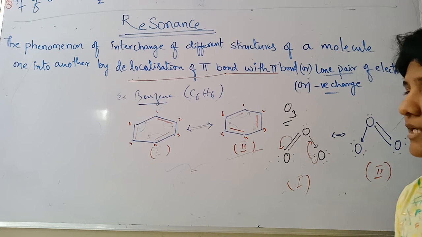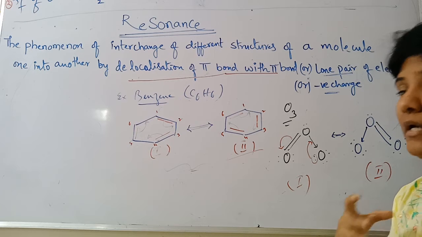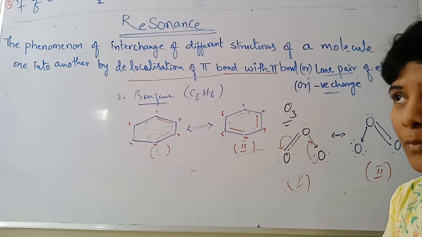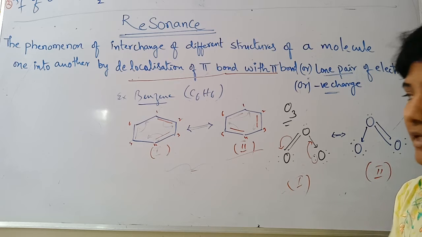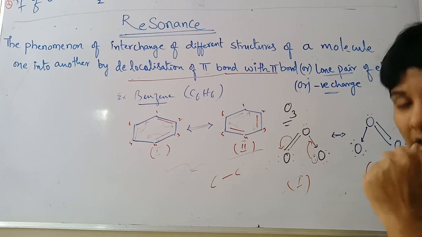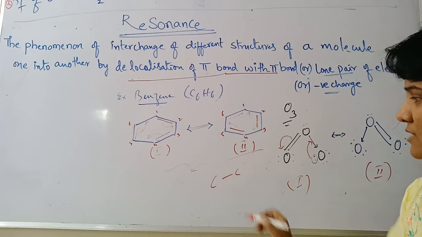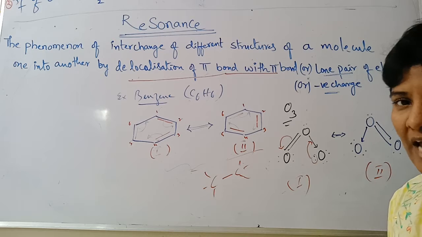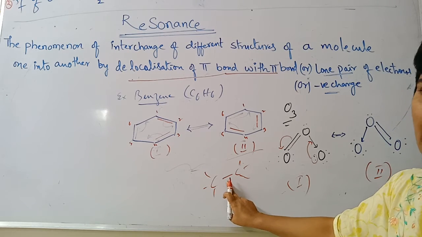So based on this, one can calculate the bond order. Bond order means the number of bonds between any two atoms. So now see here, between these two carbons, what have we shown? One line means a single bond.